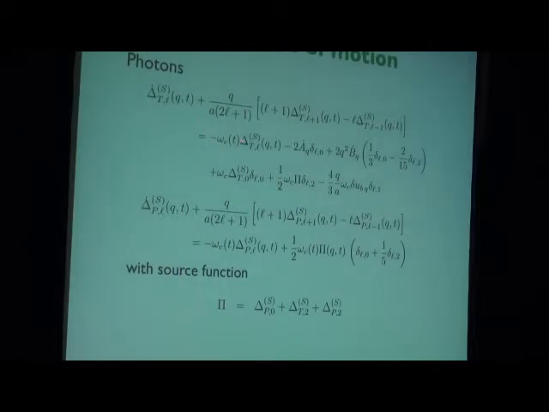So again, some photons get scattered out of the line of sight, other photons get scattered into the line of sight. This is the monopole, and then here there is this source function pi, and this describes a Doppler effect. So there's some effect due to the motion of the baryonic plasma.